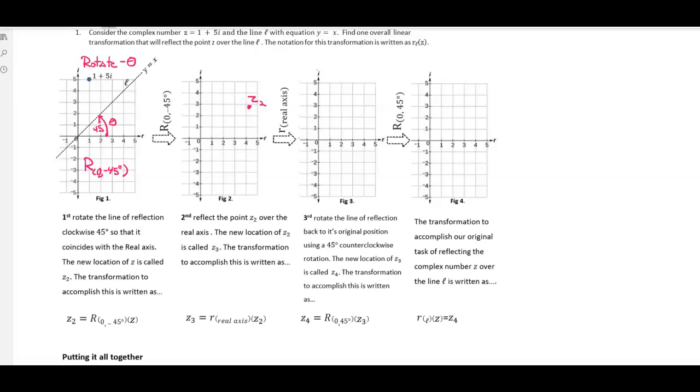Okay, then what we did was we took that point and we reflected it over the real axis. So this thing was reflect over the real axis.